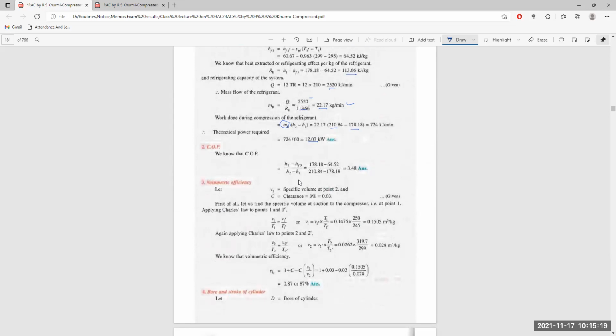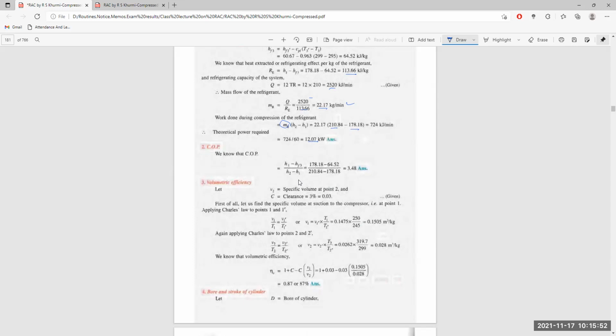First of all, let us find the specific volume at suction to the compressor at point 1. So we apply Charles's law between point 1 and 1 dash: V1 by T1 equals V1 dash by T1 dash. P1 is the same and cancelled. So V1 is equal to V1 dash multiplied by T1 divided by T1 dash.